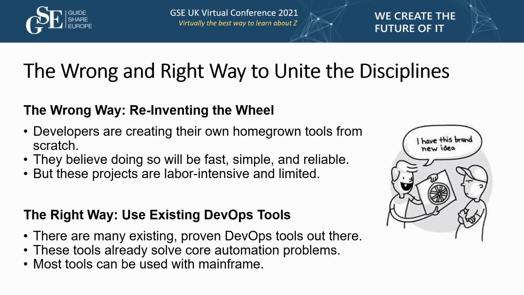Because of this, many mainframe software development teams are following the wrong way to bring DevOps practices to their work. They are looking at the market, they're seeing that DevOps for mainframe tools won't work for them, and they are choosing to create their own homegrown tools from scratch.